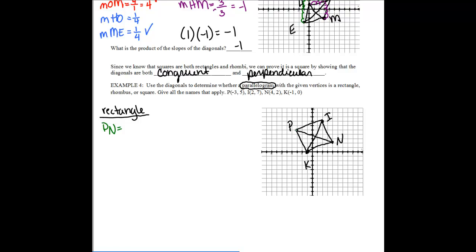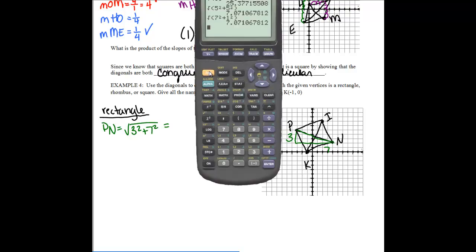Here is our triangle. And that's 3 and 7. So the square root of 3 squared plus 7 squared is 7.62.